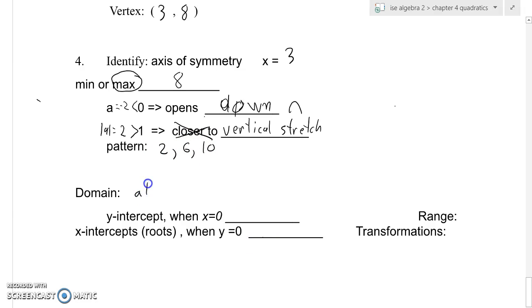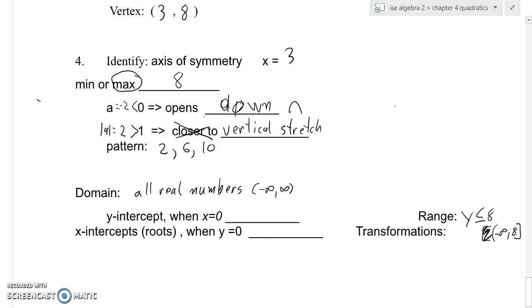Our domain is all real numbers, negative infinity to infinity. Our range is our y's are going to be less than or equal to 8, or negative infinity to 8.